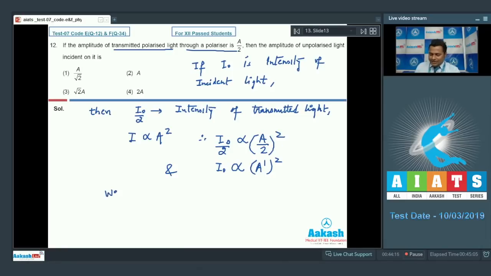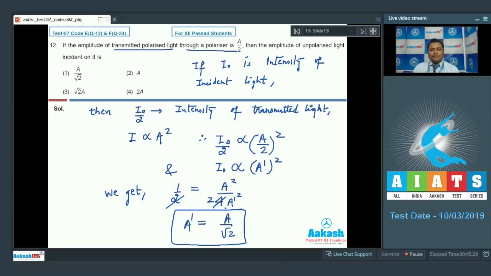Taking the ratios, we get I0 upon 2 divided by I0, which gives 1 by 2 equals A square upon 4 times A dash square. 2 2s are 4, and you will get the value of A dash as A divided by root 2. It means the amplitude of incident light is A divided by root 2. After looking at the options, we can say that we have to go with option number 1, which is absolutely correct. Now let us proceed to the next question, that is question number 13.